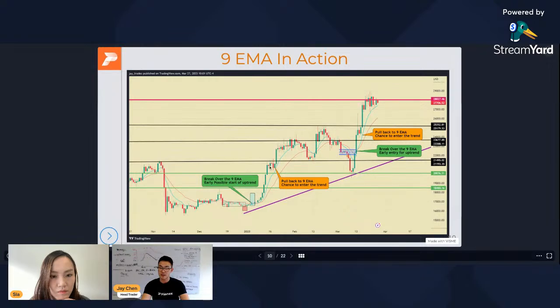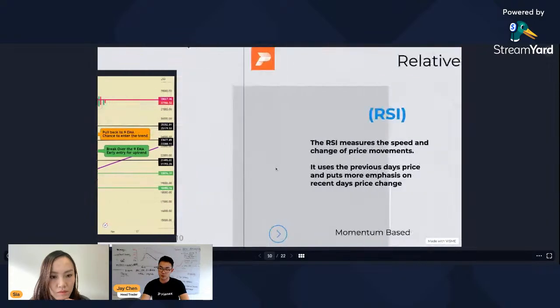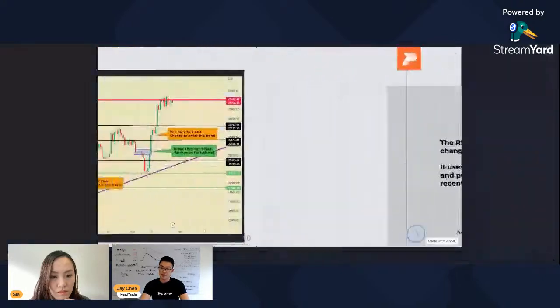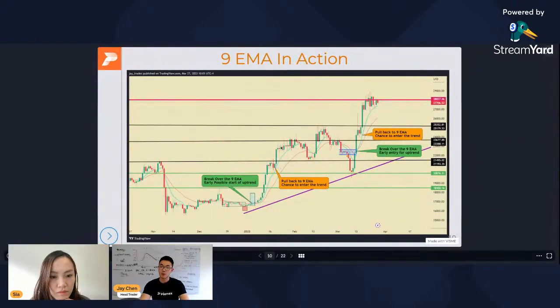As you can see, prices went up, consolidated, hit the 9 EMA, went up again, and then consolidated again. And the same thing over here. We had a bull trend up, consolidated, came near the 9 EMA, continued its trend, right?